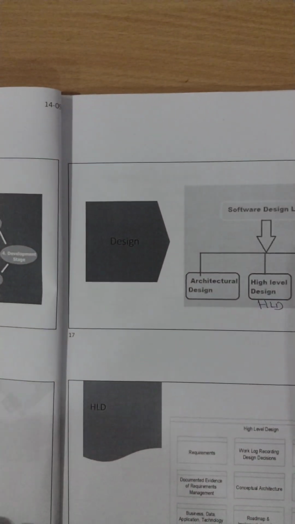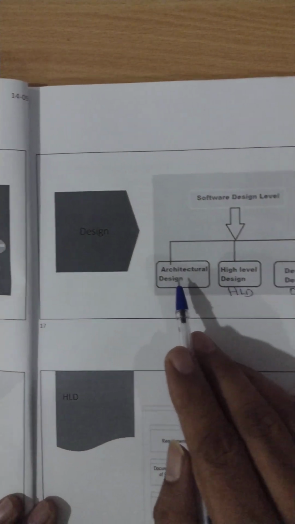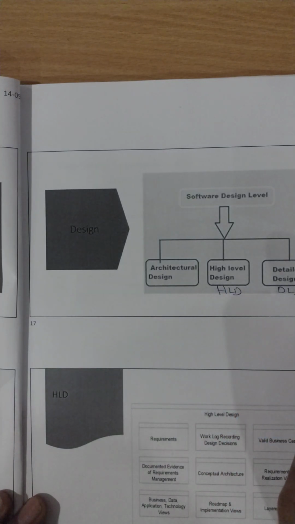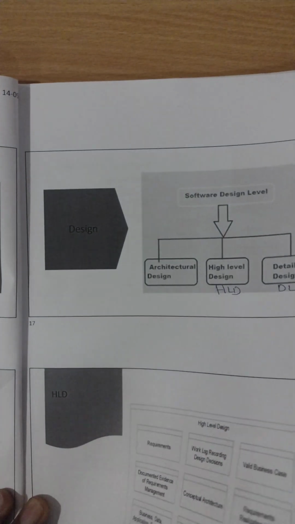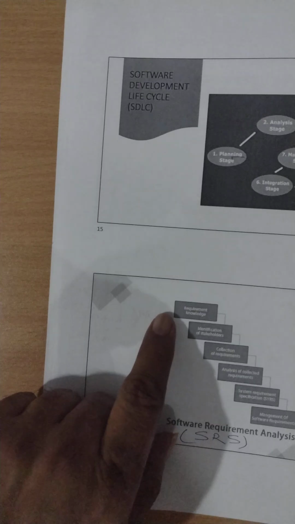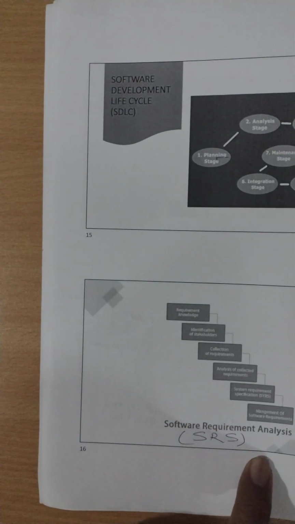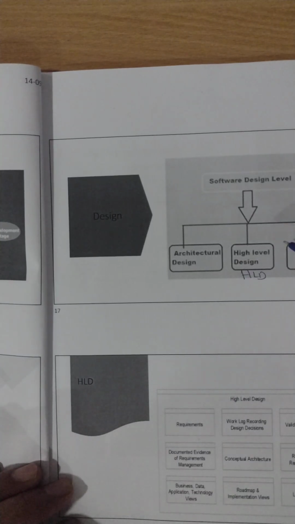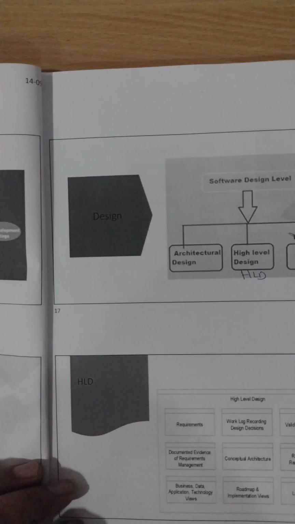In the design, architectural design is there, high level design is there, detail level design is there. So here we have seen the multiple stages of the requirement phase. Here there are different stages of design, different levels of design.